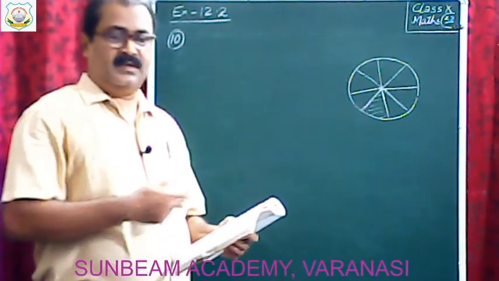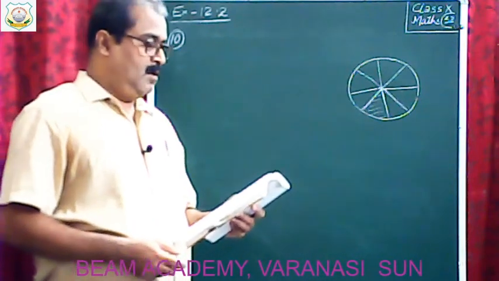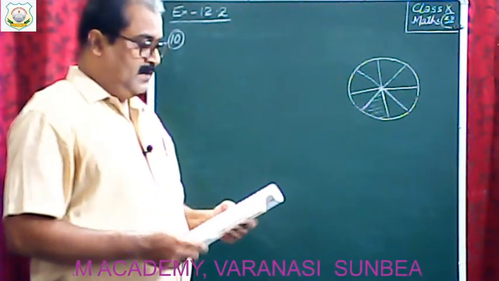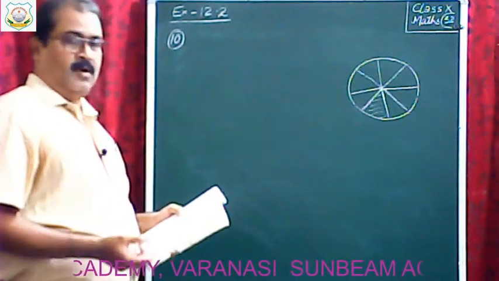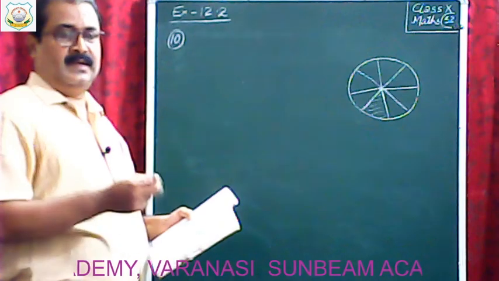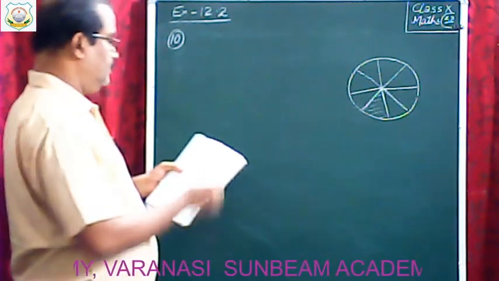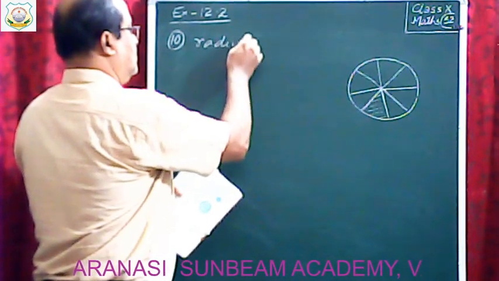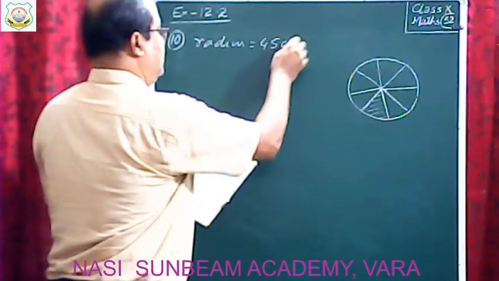So how many sectors formed? 8 equal sectors formed. It is given according to the question. We have to find finally the area between two consecutive ribs of the umbrella, means we have to find the area of sector. Radius is given, that is 45 centimeter.